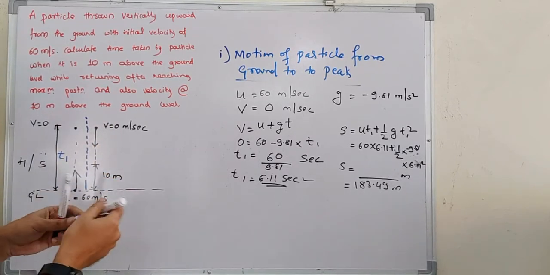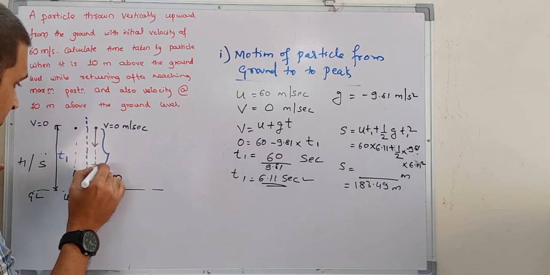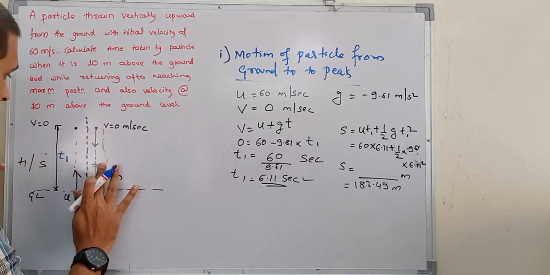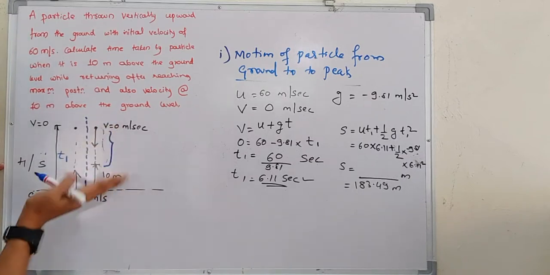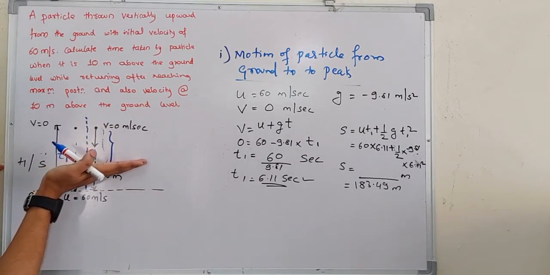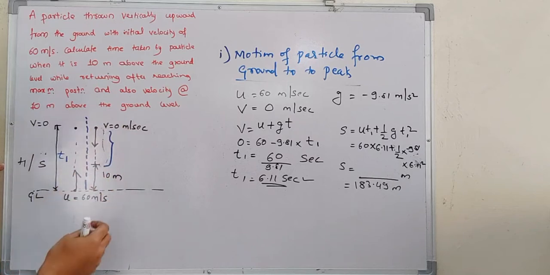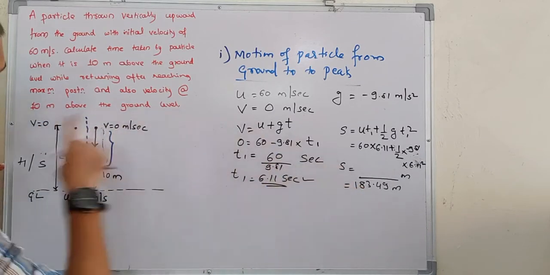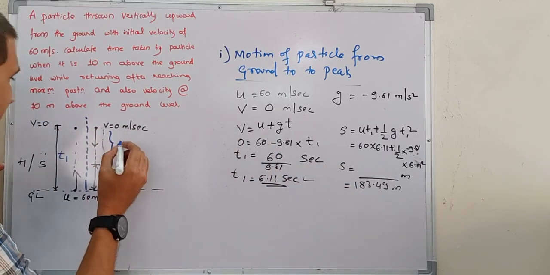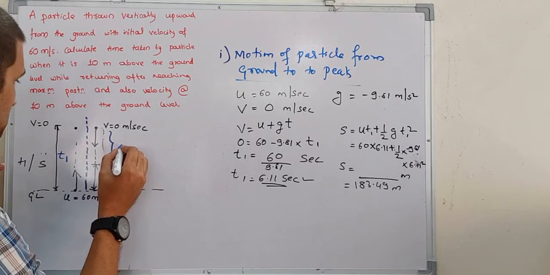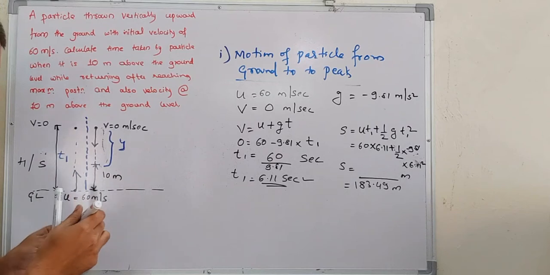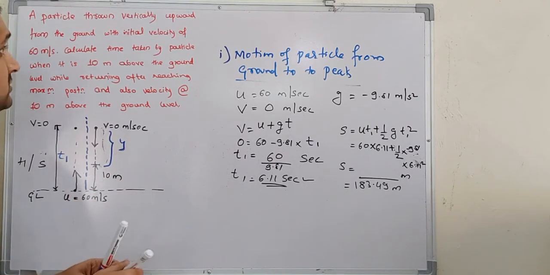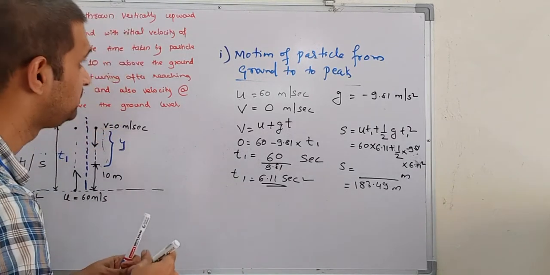So you are asked to calculate data for this distance, 10 meters before reaching the ground, which will be 183.49 minus 10, which I will call the distance y. So now, taking the second part.